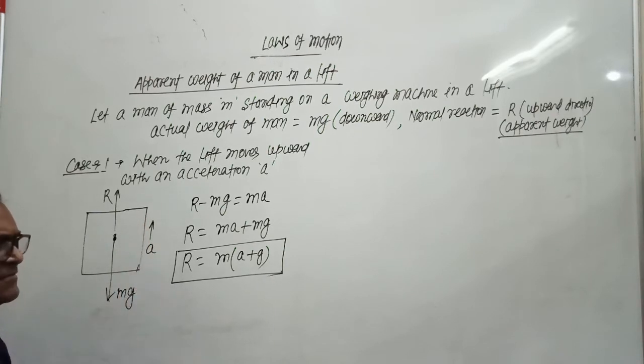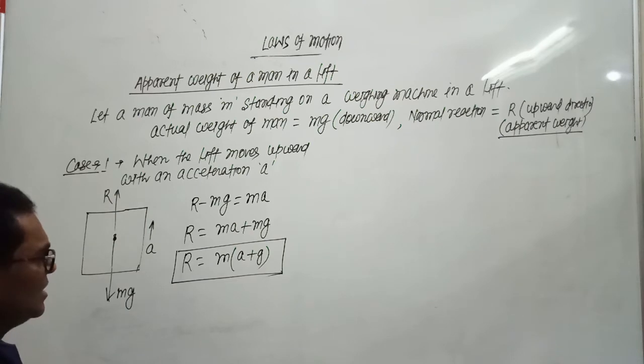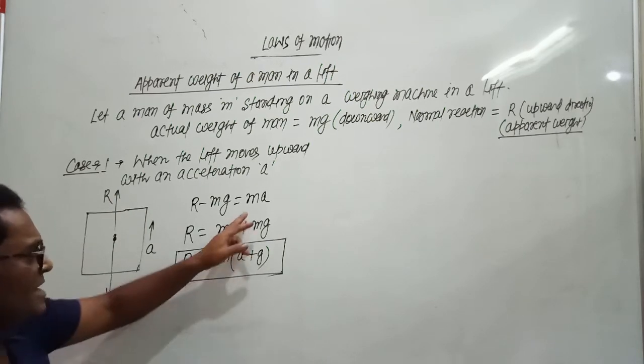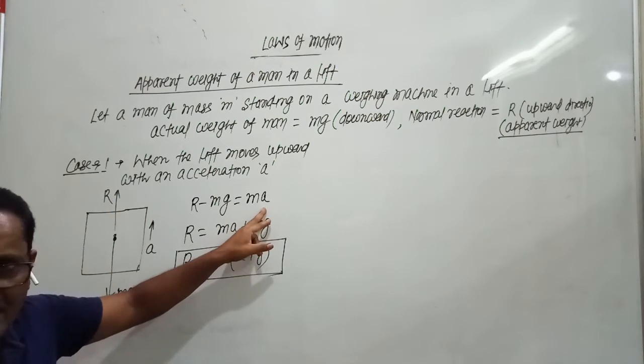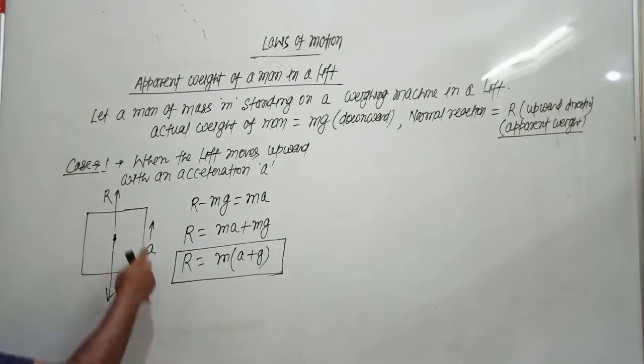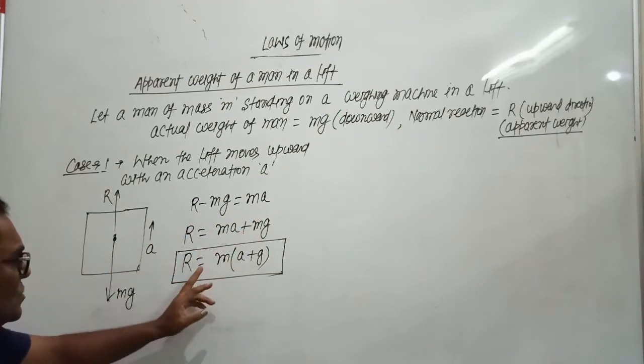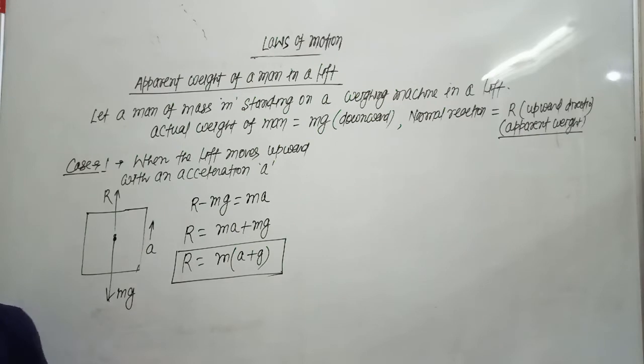Since the lift is going in the upward direction, the direction of the resultant force must be upward. The resultant force comes from Newton's second law, force equals mass into acceleration. So R would be taken positive because the lift is going upward. So R minus mg equals ma, and we get the value of R equals m into (a plus g).